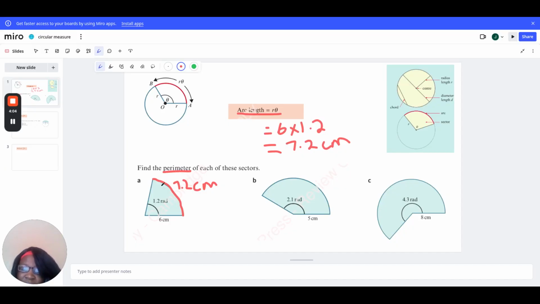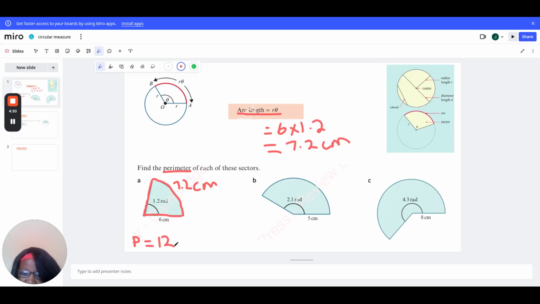The perimeter is, if you walk around the shape, so it covers also this length. So the perimeter, I'll just call it P, would be 6 plus 6, which gives you 12, plus 7.2.